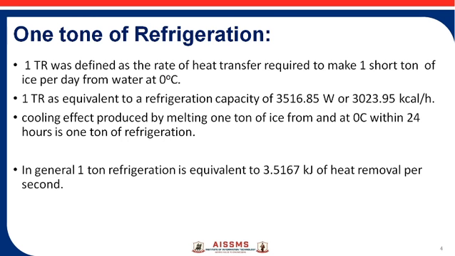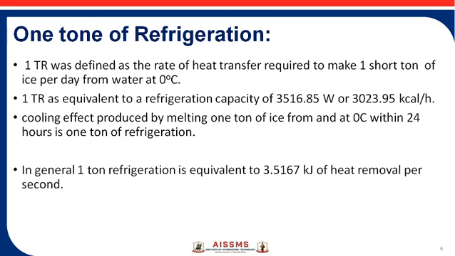Before going ahead, we should know what 1 ton of refrigeration is, the unit of refrigeration. 1 ton of refrigeration, that is 1 TR, was defined as the rate of heat transfer required to make 1 ton of ice per day from water at 0 degrees Celsius.